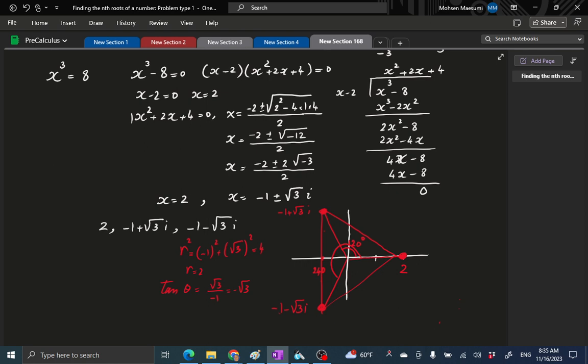So of the 3 answers that we get, one is at 2, and then take this and travel on a circle. Take this, turn it 120 degrees, and turn it again another 120 degrees. If you turn it again, you come back where you were.